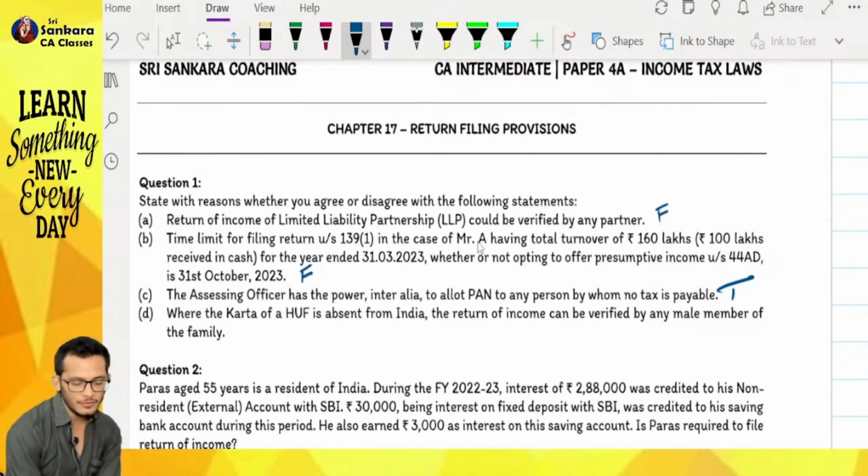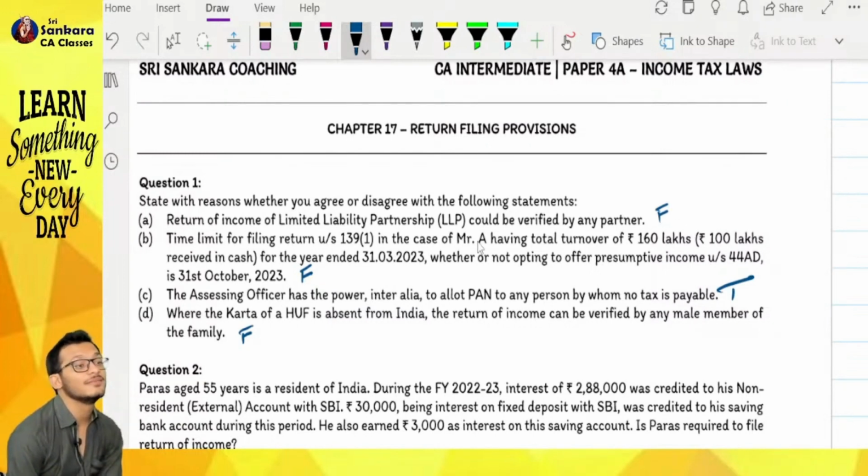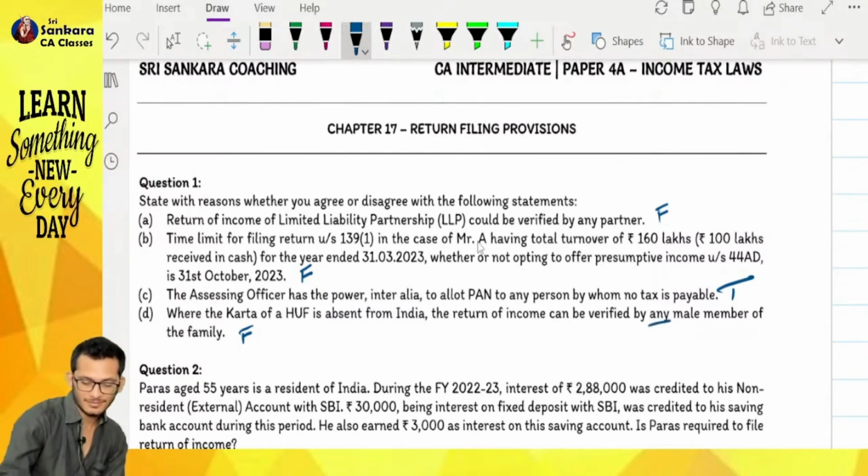Where the Karta of the HUF is absent from India, the return of income could be verified by any male member of the family. True or false? Any male member simply means females are not allowed.